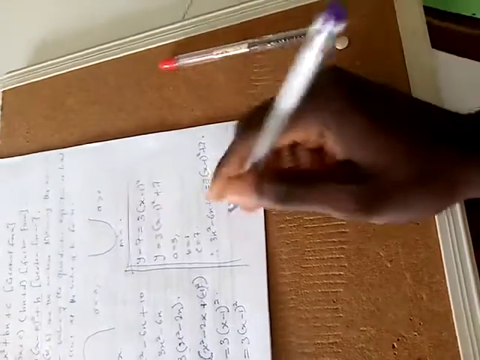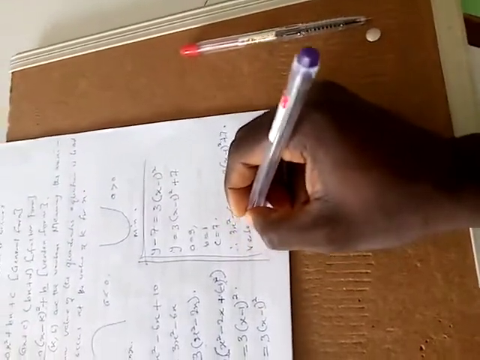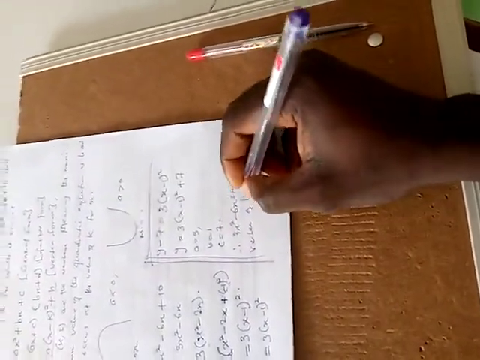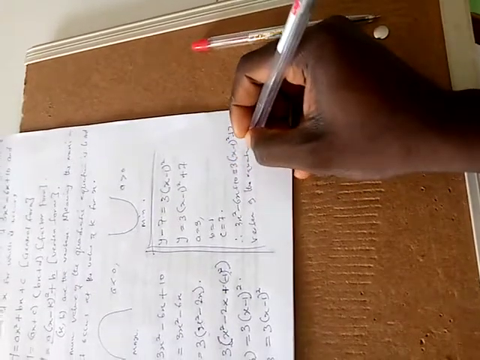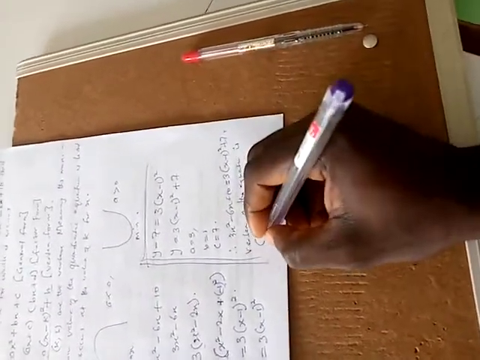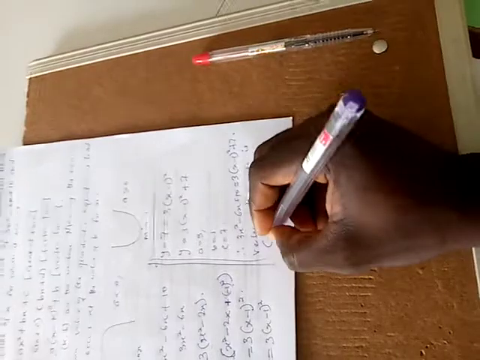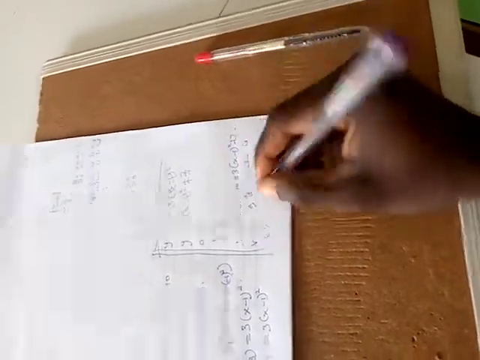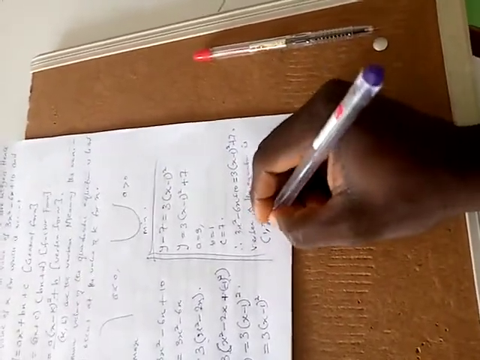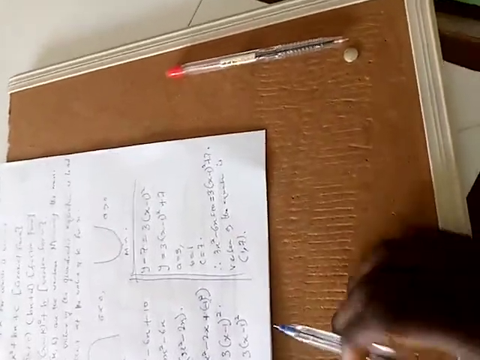Now we can get the maximum or minimum value, since the vertex of the equation is 1 and 7.